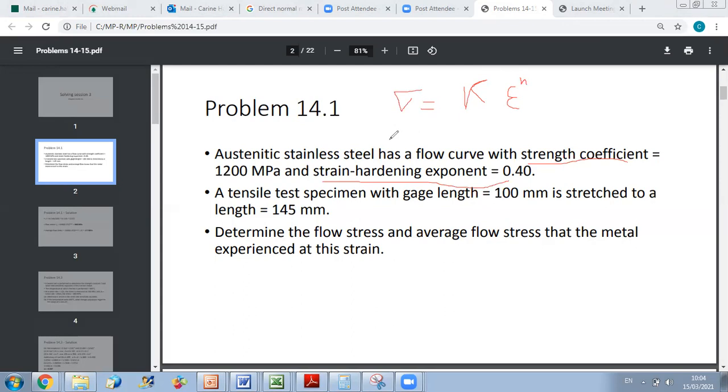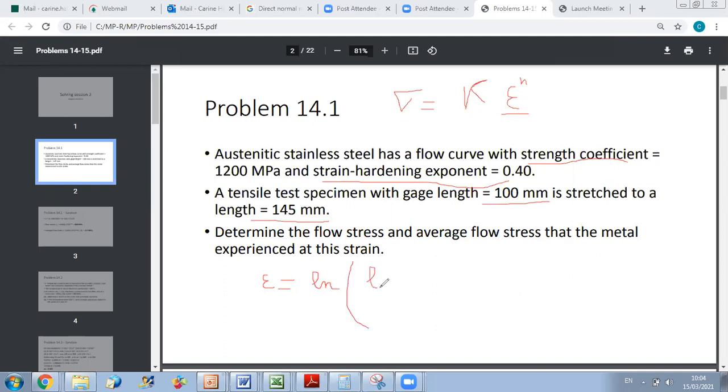at the required point. Now, to get epsilon, they gave us the initial length is 100 millimeter, and it is stretched to a length of 145 millimeter. So the true strain epsilon can be calculated as ln of L over L0.